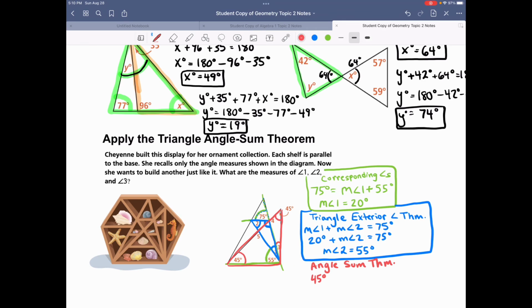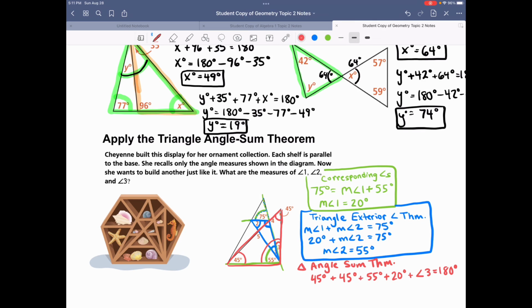We have 45 degrees on the bottom. And then we have the 55, which is right here on this part. We have 55 degrees. We have angle 1, which we know is 20 degrees. And then we have angle 3. If we add all of those together, we get 180 degrees by the angle sum theorem.